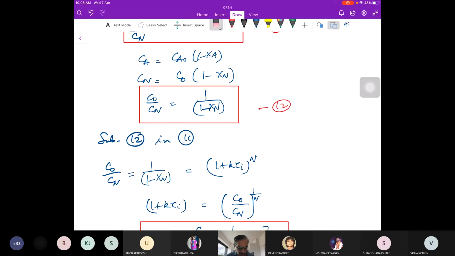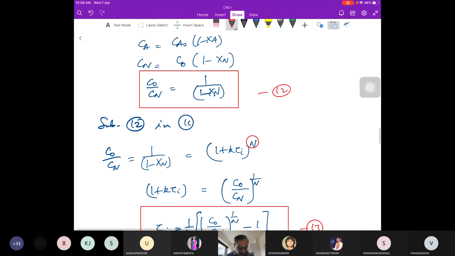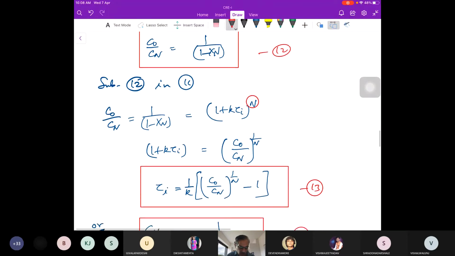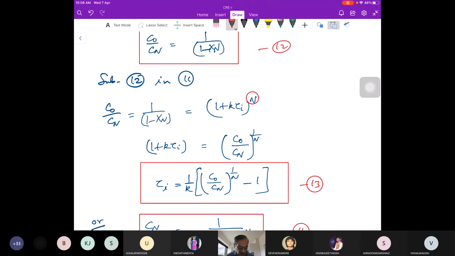Or we can write 1 plus k tau I is equal to C0 upon Cn raised to power 1 by n, because the power जो है we have taken 1 by n power. तो 1 plus k tau I हो जाएगा, यहाँ पर 1 power 1 by n हो जाएगा. And then we can write tau I is nothing but, इसको इधर ले के आ गए हम, minus 1 हो जाएगा और ये 1 upon k हो जाएगा. 1 upon k times C0 upon Cn raised to power 1 by n, minus 1.